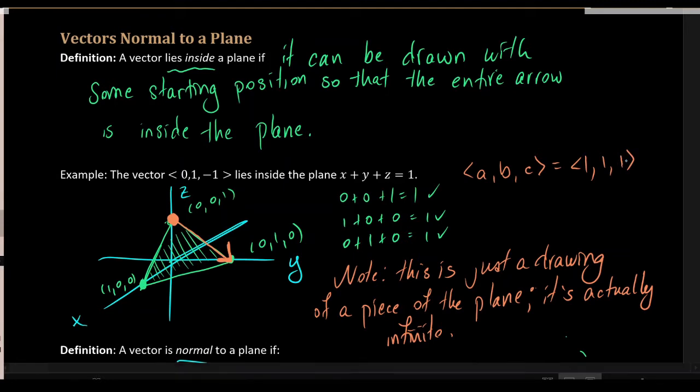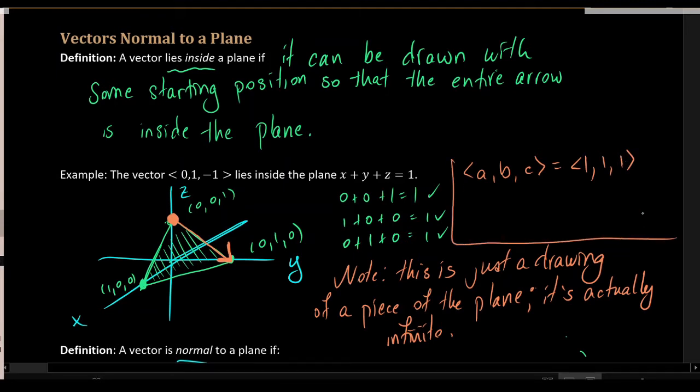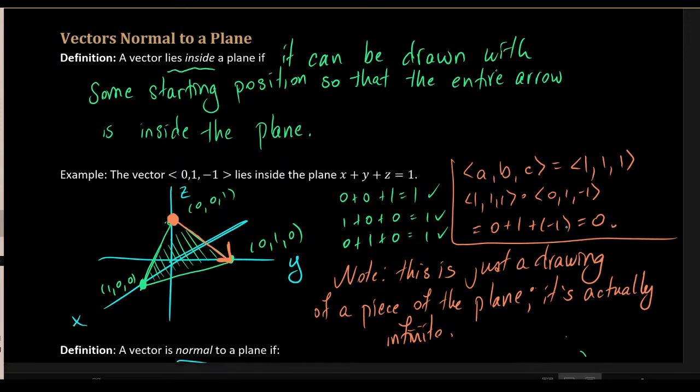Suppose that I take the dot product of that vector with this vector 0, 1, minus 1, which lives inside the plane. Then I get 0, positive 1, and negative 1, whose sum is actually equal to 0, and therefore we know that the vector 1, 1, 1 is perpendicular to the vector 0, 1, negative 1, which lies inside the plane.